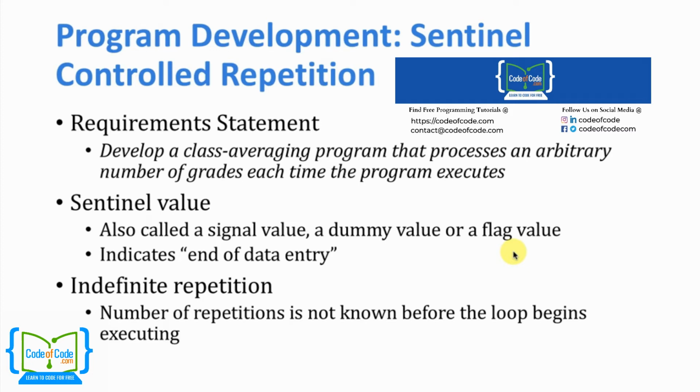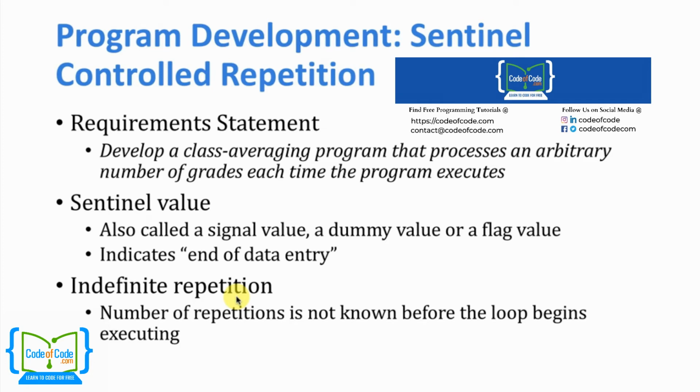So we'll demonstrate for the first time here a sentinel value, and because we're dealing with grades and grade values are 0 to 100, we will use an invalid grade, -1, as our sentinel value in this example. Now, this concept of sentinel-controlled repetition is also known as indefinite repetition because we don't know in advance how many times we're going to iterate.